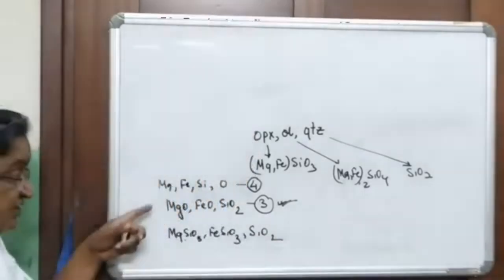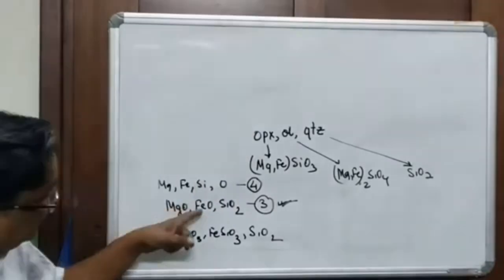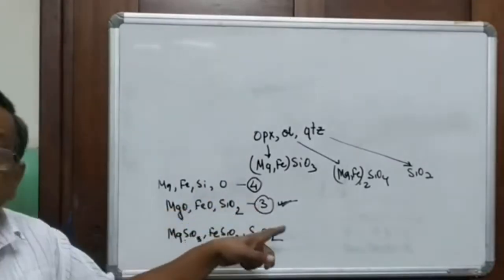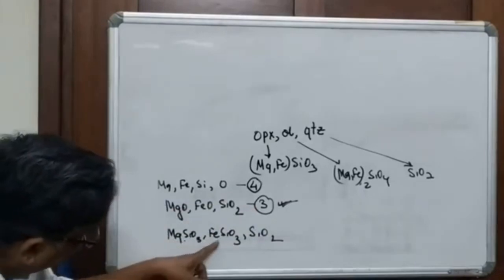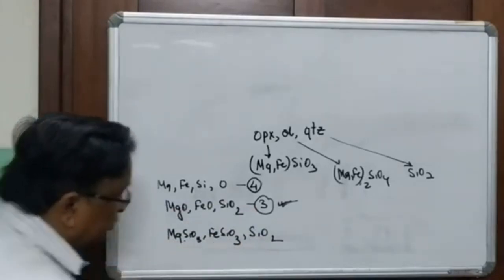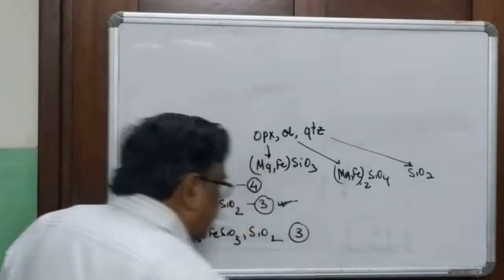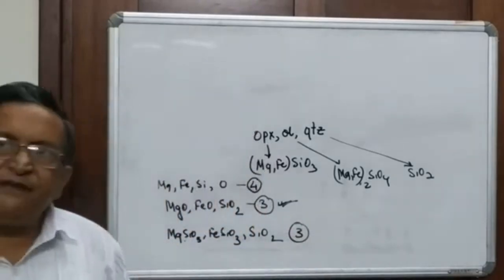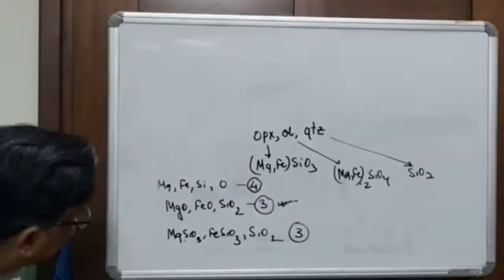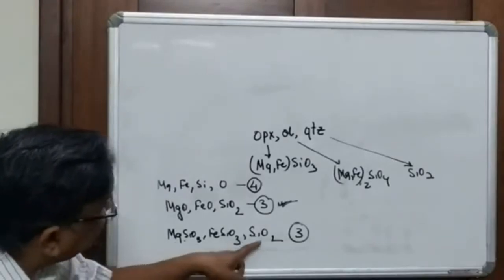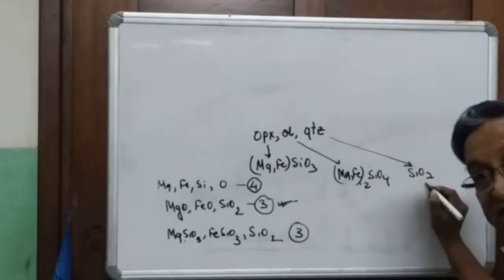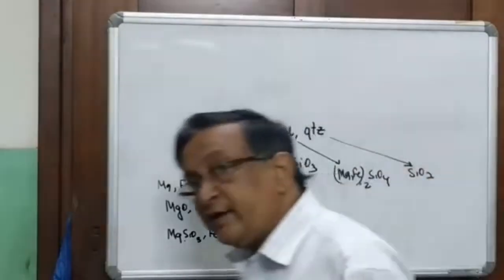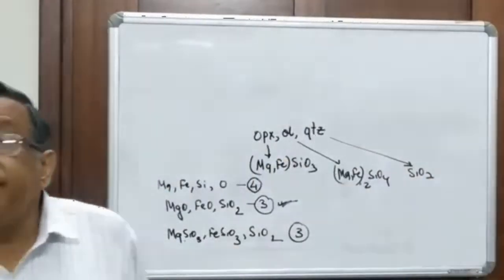If I had written instead of MgO, FeO, SiO2 as a 3 component system, MgSiO3, FeSiO3, SiO2, which is also a system component set, then it should be fine. But the question is, if I write it like this, first SiO2, I can write it as 1 SiO2, MgO 0, FeO 0.